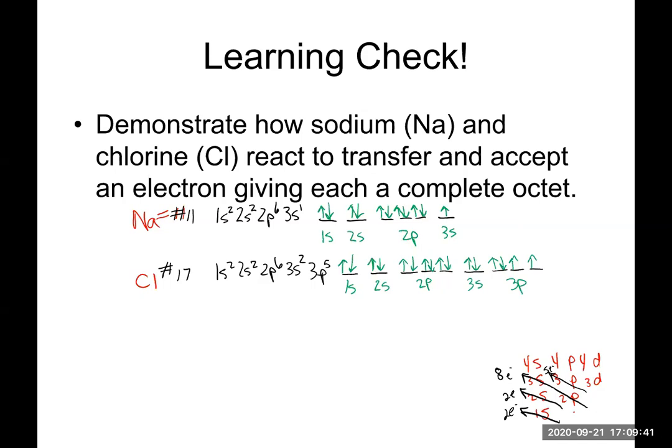And we ask ourselves, what do we need to do to get a perfect octet in the outer electron shell of both of these? Well, the outer electron shell for chlorine is 3. And chlorine right now has 6 electrons in its outer electron shell.